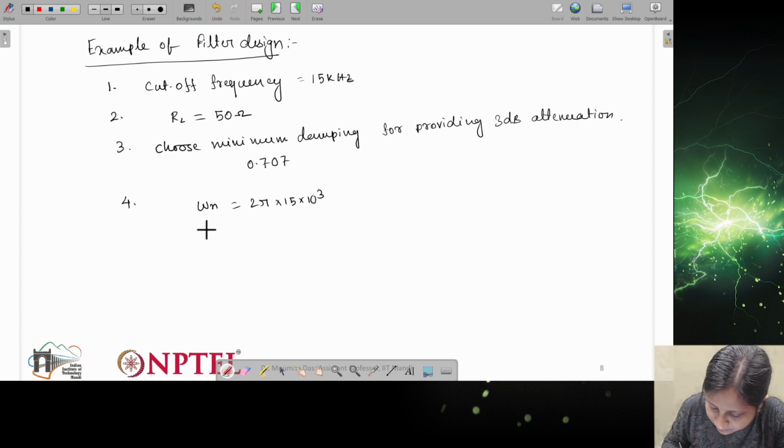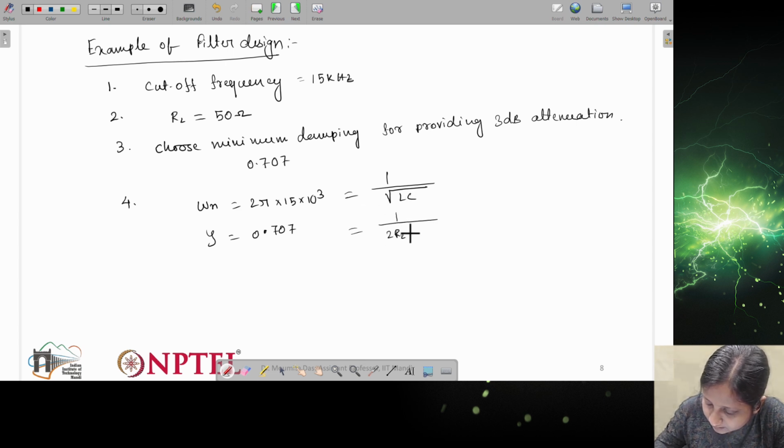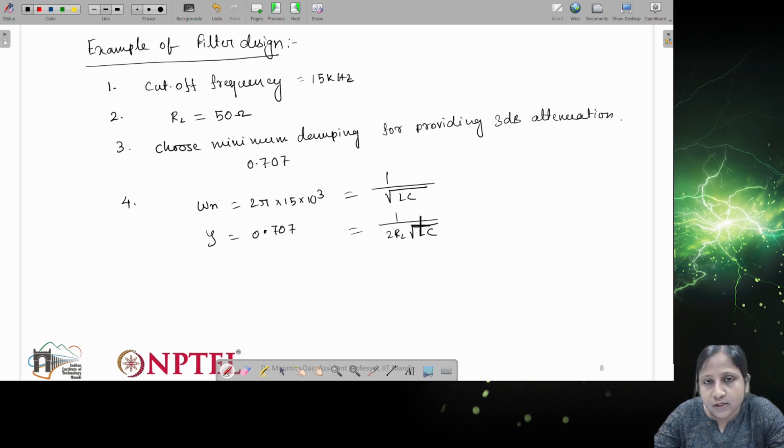Zeta I have as 0.707. So this is equal to 1 by root under LC, and this is equal to 1 by 2 RL root under LC. From this I can find out the actual value of L and C.